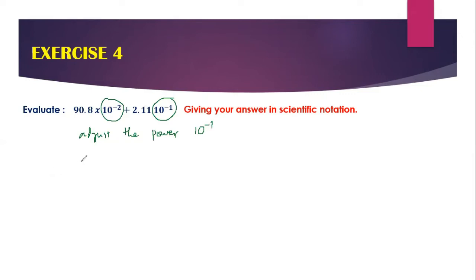Okay, so then 90.8 times 10 to the power minus 2 plus 2.11 times 10 to the power minus 1. But you have to change this one. 10 to the power minus 2, we have to adjust to 10 to the power minus 1.